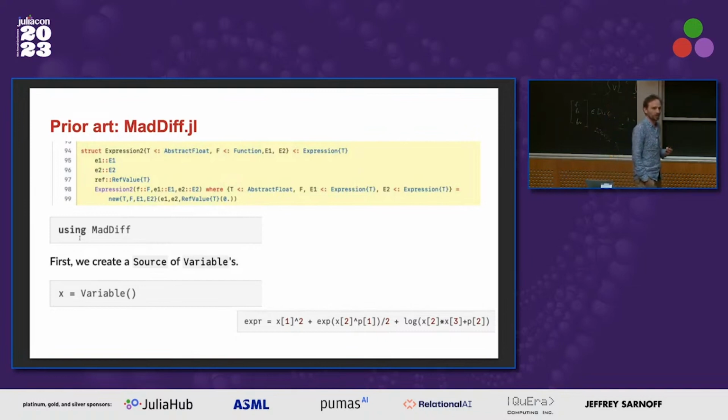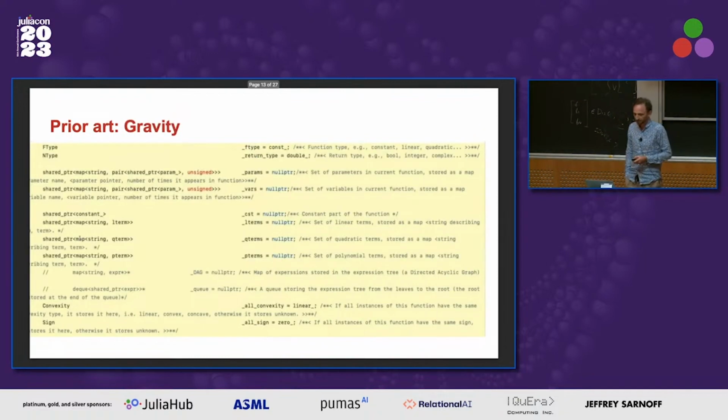But this is not a problem that is just faced by people in Julia. So how do nonlinear optimization packages in other languages handle this? One option is Gravity, which is a C++ modeling tool that gave a talk at JuMP-dev 2018, which you could go and have a look up. I think it's still on YouTube. This is in C++, but I would call it typed and heavy, because it's got a lot of stuff in here that is useful if you're working with nonlinear programs, but you have to carry it around.